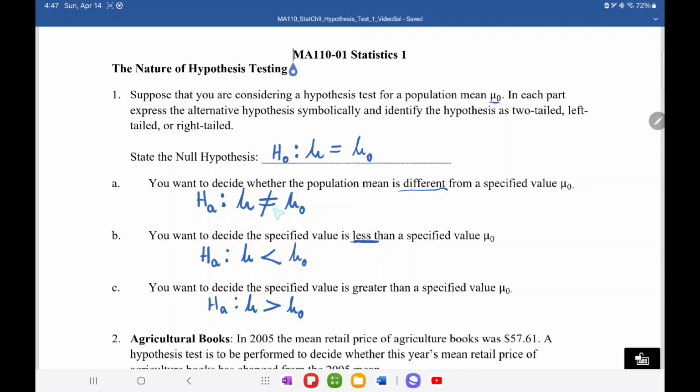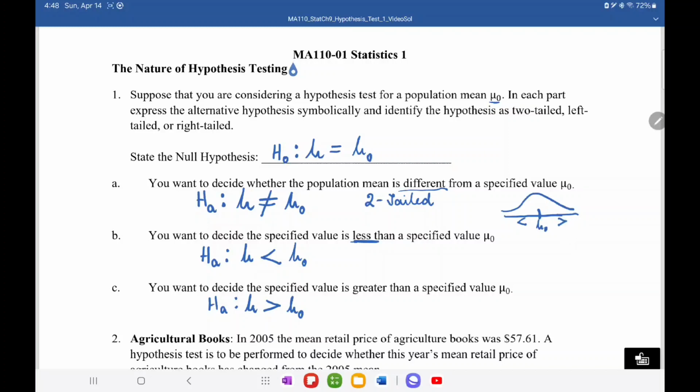Whenever there is a not equal to sign in the alternate hypothesis, when it says it's different from a specified value, it is a two-tailed test, right? So the first one, A, is going to be a two-tailed test because if we have our curve here, with the null hypothesis at the center, when we say that the population mean is different, then we are stating that the population mean can be less than or it could be greater than.